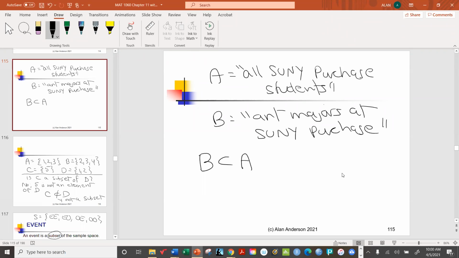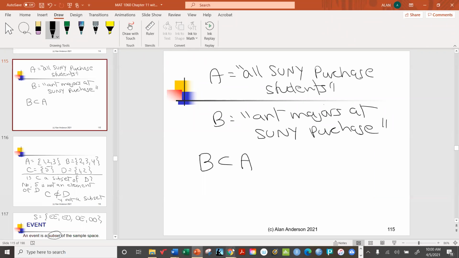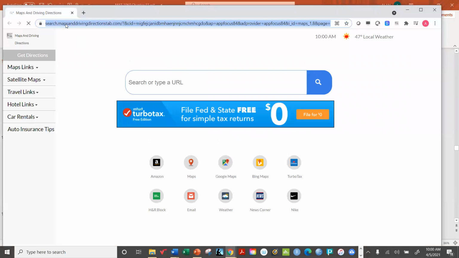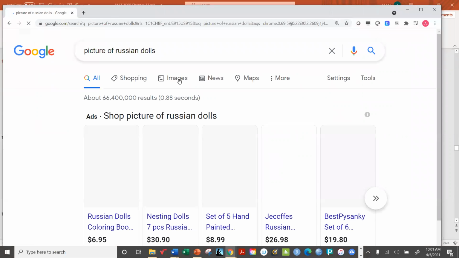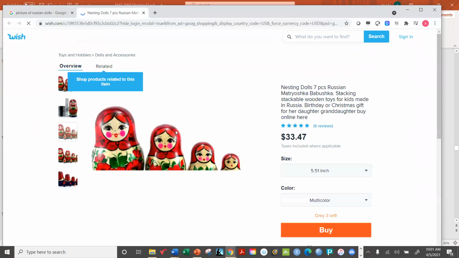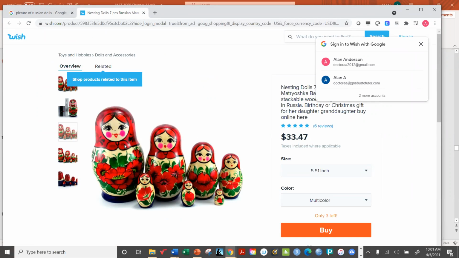All right. In fact, let me just do this real fast. You've probably seen this before. A good example of subsets in the real world comes from something you may have seen. You may have seen these Russian dolls. What is this all about? These dolls, you see how each one is just a smaller version of the previous one? Each one of these in math could be considered a subset of the other dolls.